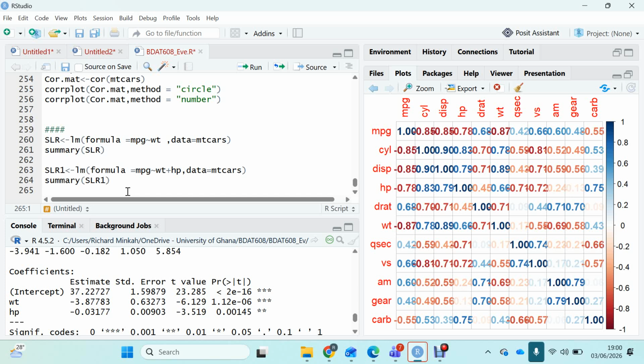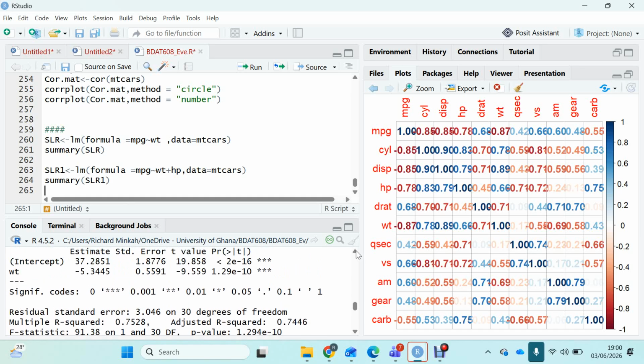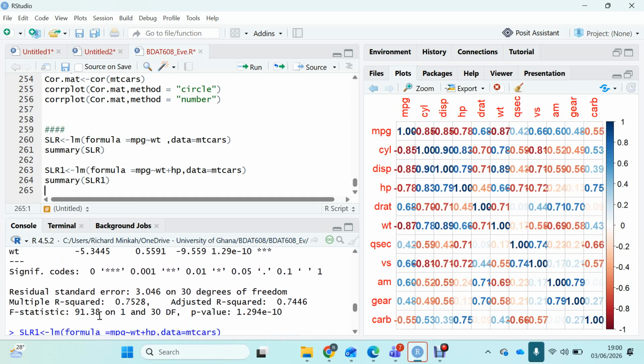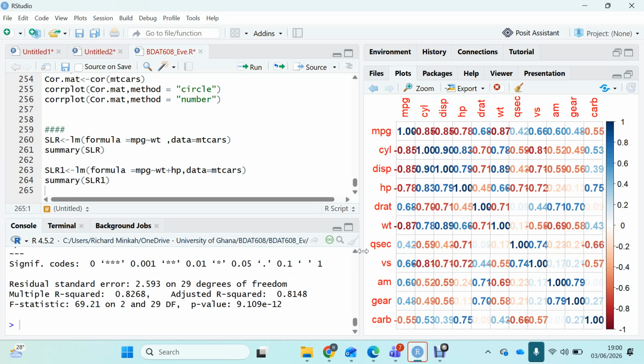Prof, the code wrote SLR. That's simple linear regression, right? Yes, but you can use anything. I just used the abbreviations. Is the regression table that we have here a multiple regression?